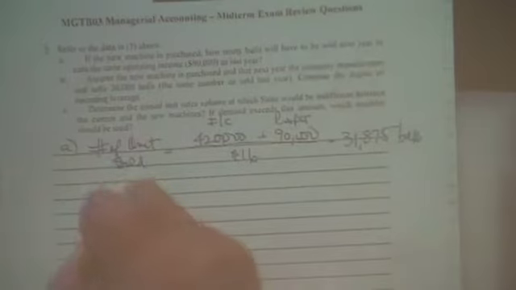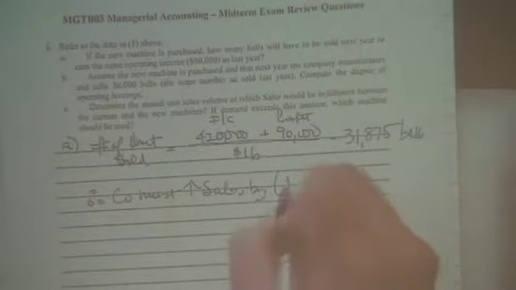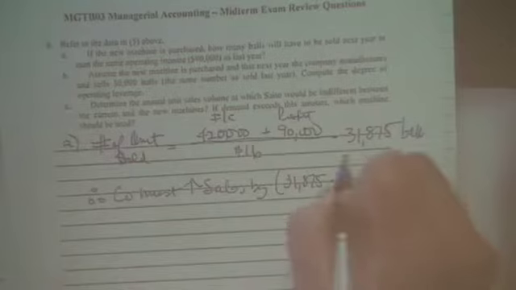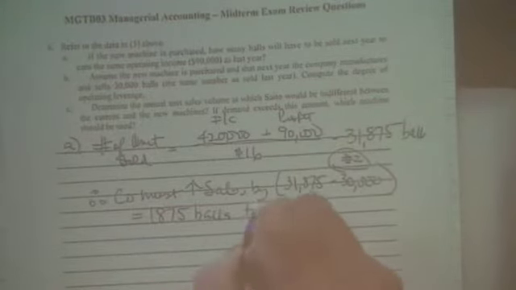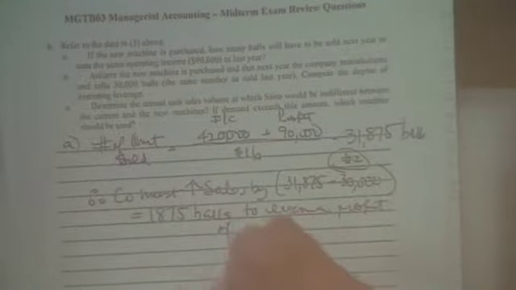This gives us 31,875 balls, right? So therefore, the company must increase sales by 31,875 minus 30. That 30 came from number 2. Or 1,875 balls to earn a profit of 90.